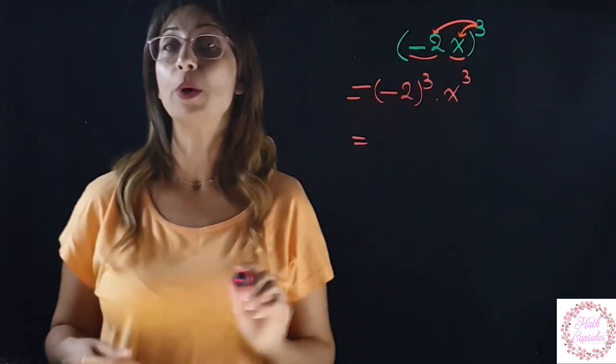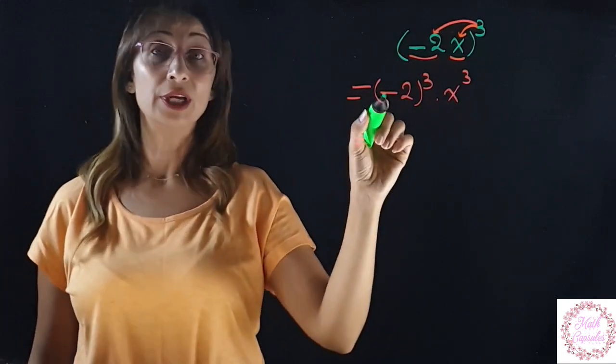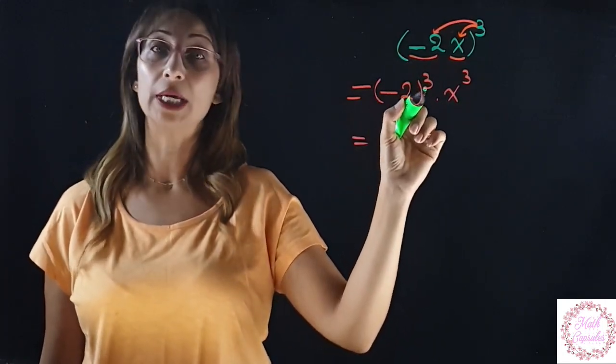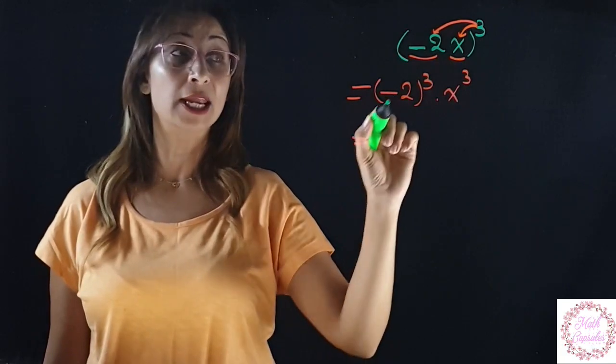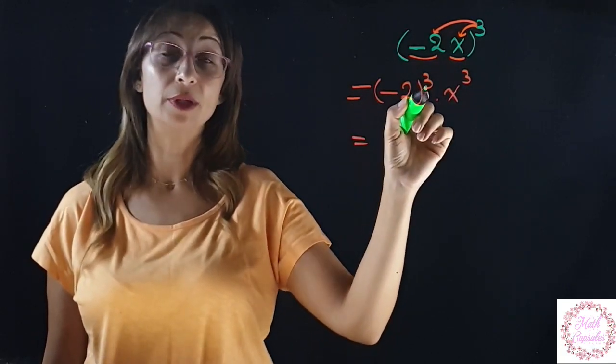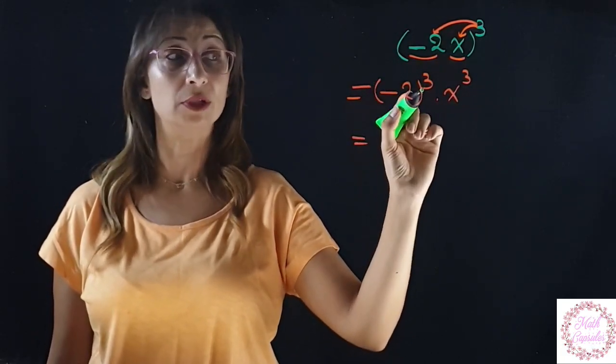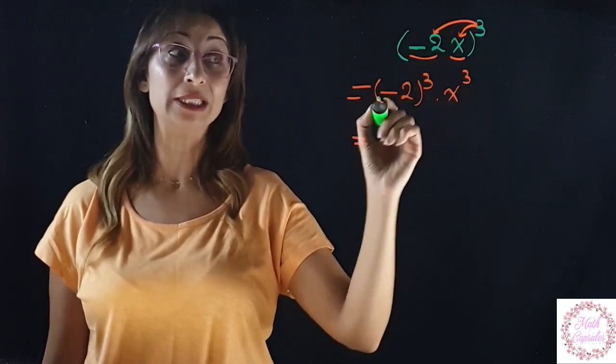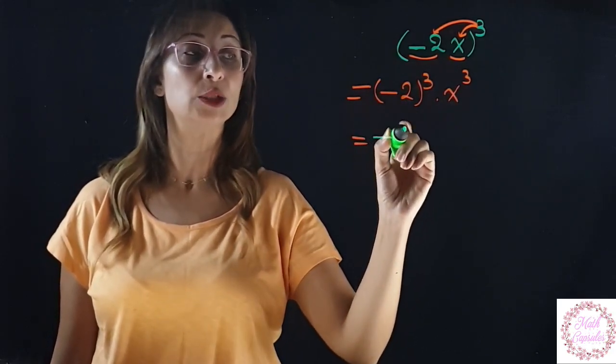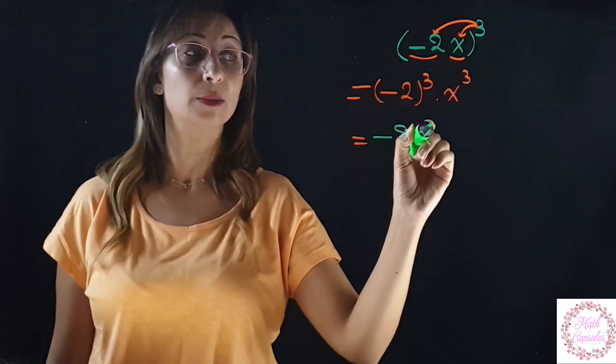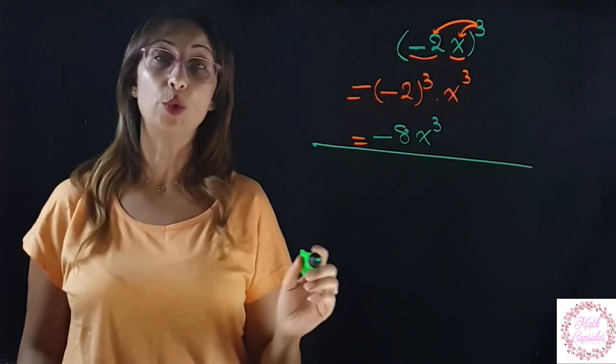And of course, negative 2 power 3, we know that the negative remains negative if the power is odd, and the negative becomes positive if the power is even. So here the power is odd, so it remains negative, and 2 power 3 is 8, so it would be negative 8x power 3.